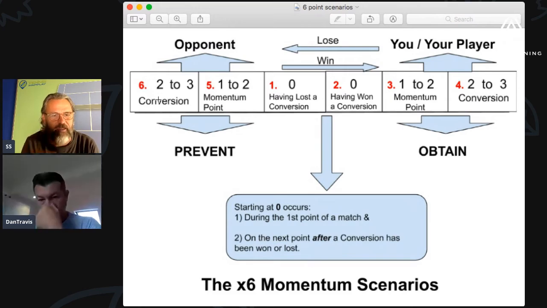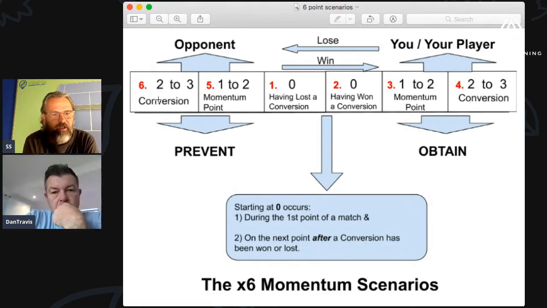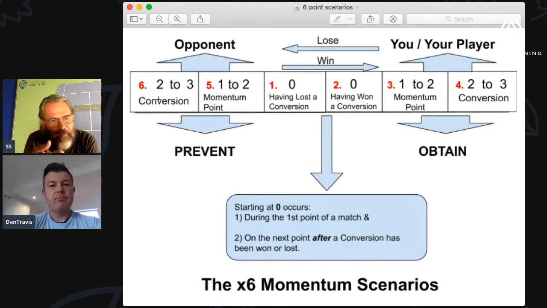That thinking right there causes them to get off focus of knowing that actually they're in the place of advantage. They're down 2 points in a row. Yeah. So it's like you said before, it's flipping that mindset that when you're behind in the score, you're actually in a good place to win the next point, because it's much easier to break or disrupt momentum than it is to sustain it.